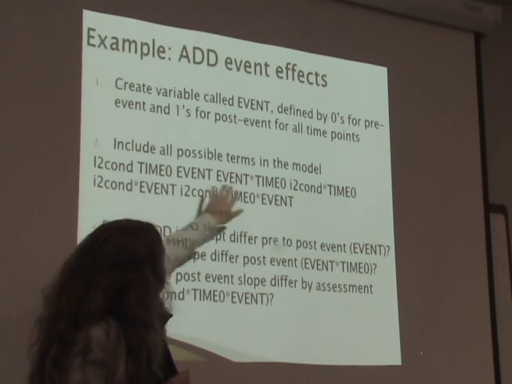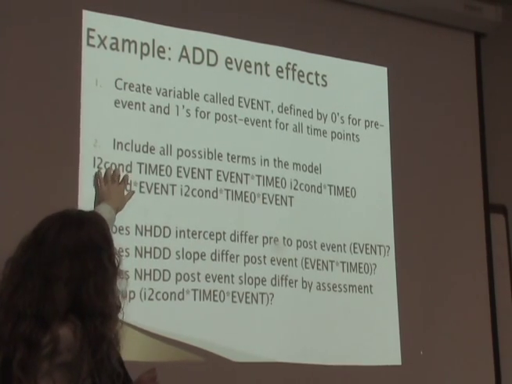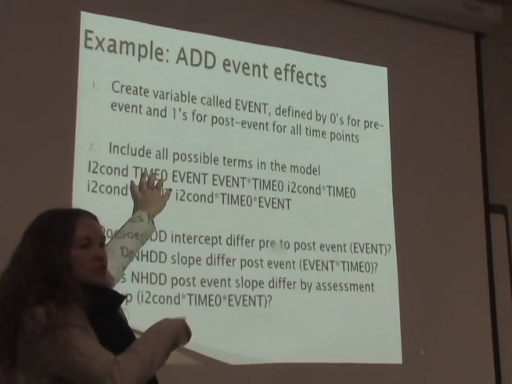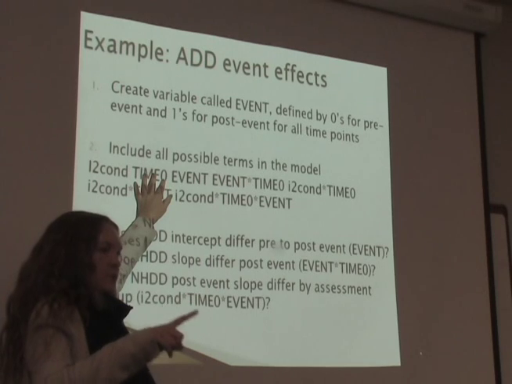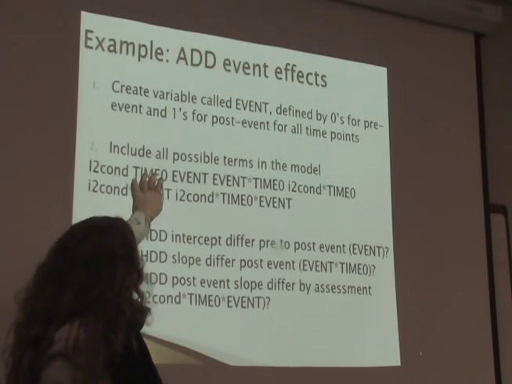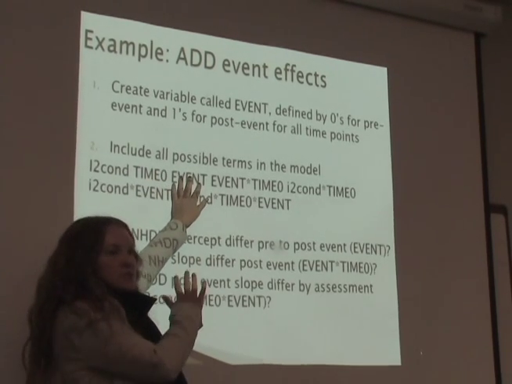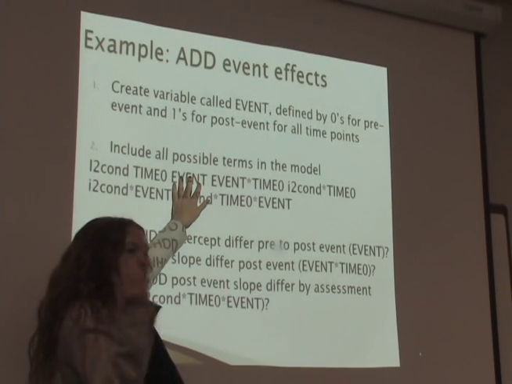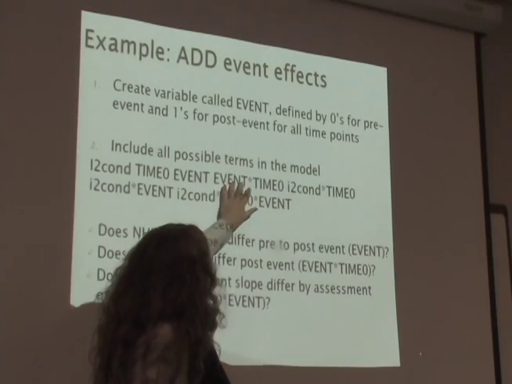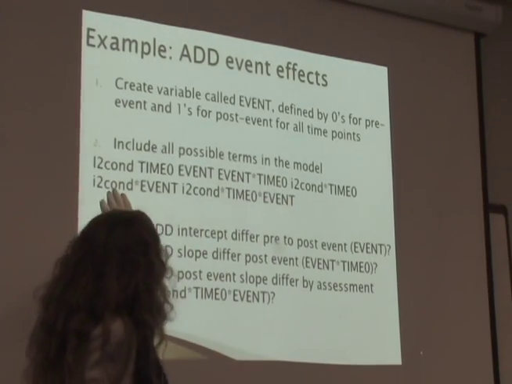And then we're adding all possible terms. So we've got the condition, the time 0, which is that countdown variable. That's our main time variable. So it's the -2, -1, 0, all the way up. The event variable, which is going to be 3 zeros and then 6 ones, and then all the possible interactions between them.